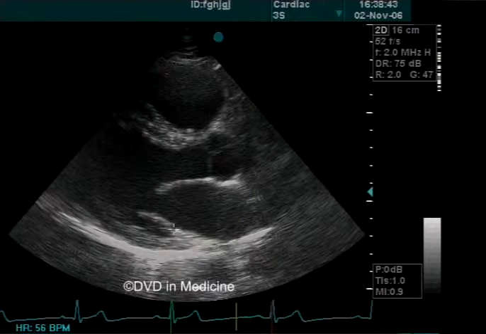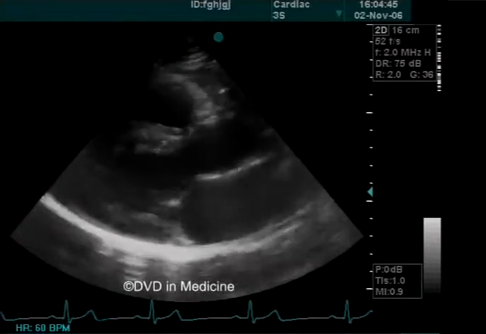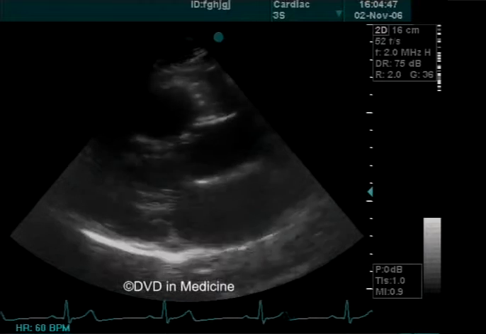At the bottom of the screen, one sees the image of the posterior left ventricular wall. The interventricular septum directly continues into the anterior aortic wall, and the anterior mitral valve leaflet continues into the posterior aortic wall. In the root of the aorta, one will see the motion of two aortic valve leaflets.